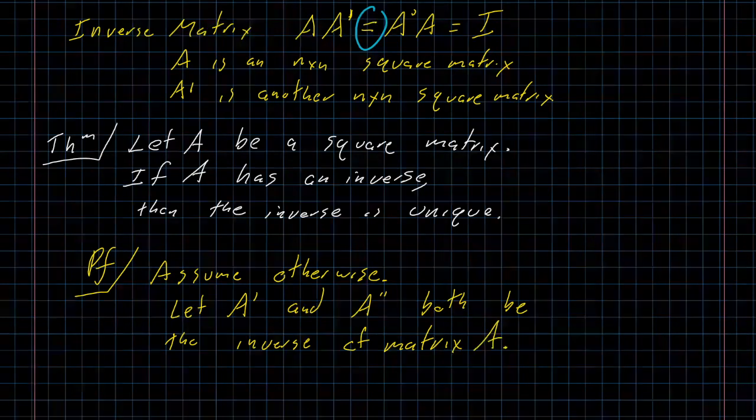I'll call one A prime, and I'll call the other A double prime. And I want to assume that these are both the inverse of matrix A. And my goal is to try to prove that these two matrices must be equal to each other.